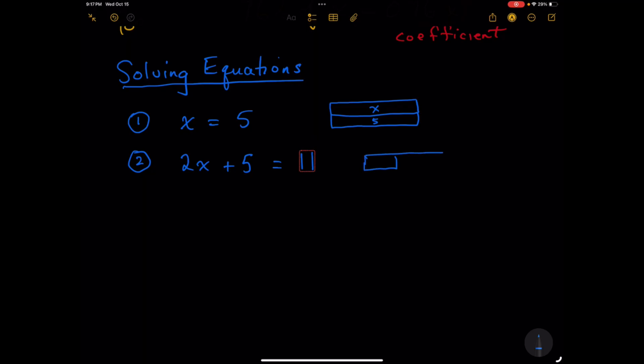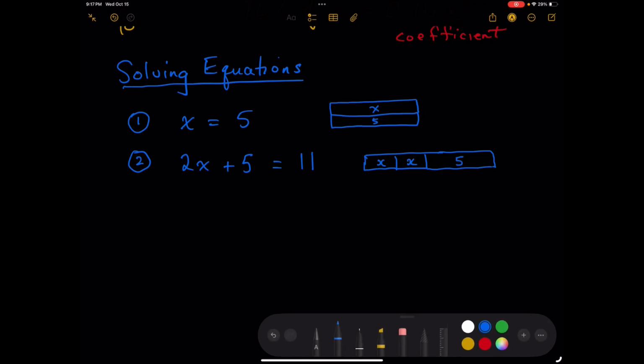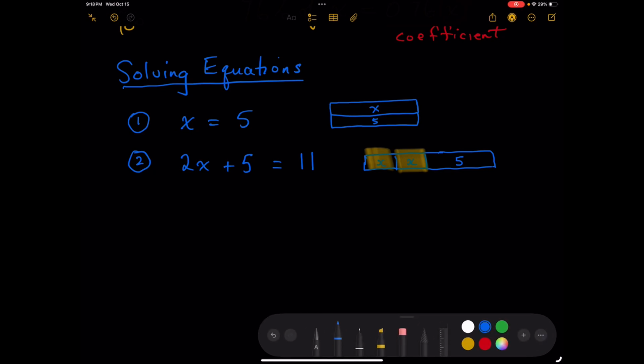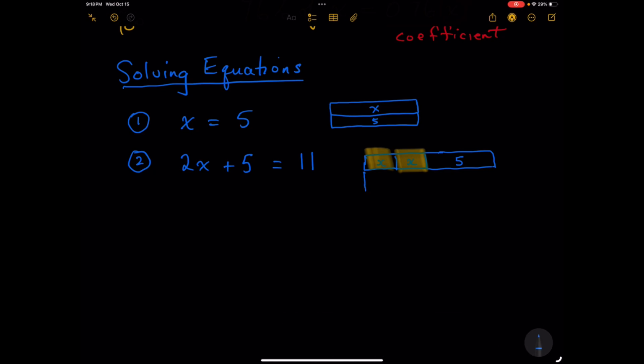If I make 2x like this and a 5, these are kind of random lengths, but notice that my two x's, this x and this x, they're both the same size and the same length, and those have to be equal to 11.